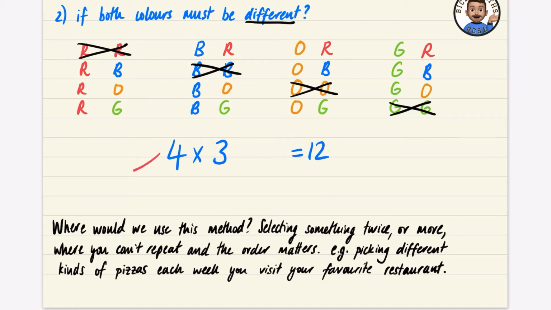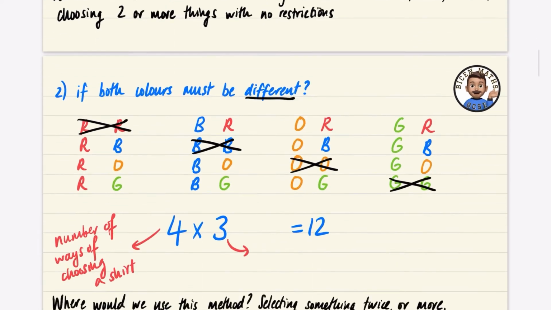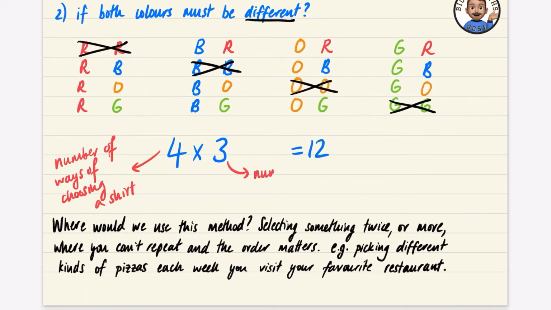And the reason that's because he has 4 ways, or the number of ways of choosing, a shirt. And actually 3 is still representing the same thing as before. It was the number of shorts choices. This is the number of ways of choosing a pair of shorts.